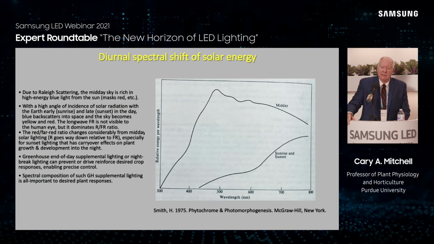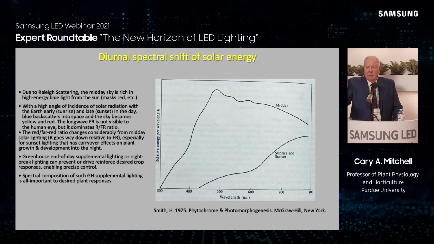And then finally, I'd just like to state, here are two spectra from the UV through the far red of what the midday solar spectrum looks like. Very high in blue, it's scattering everywhere. Pretty high in green, red, and in far red.